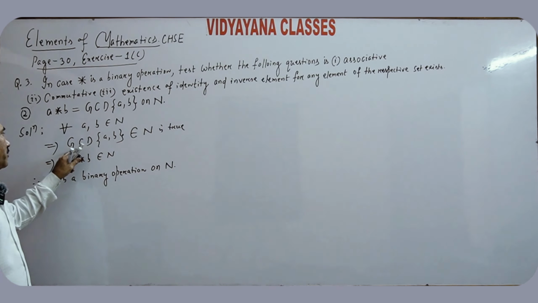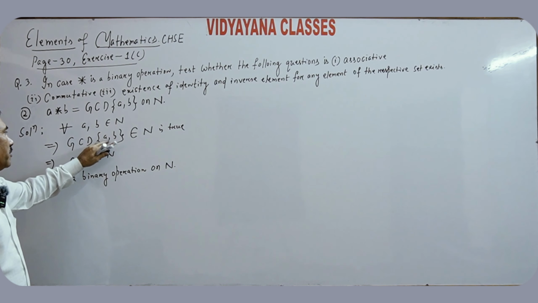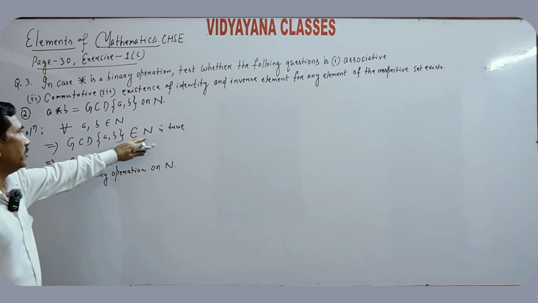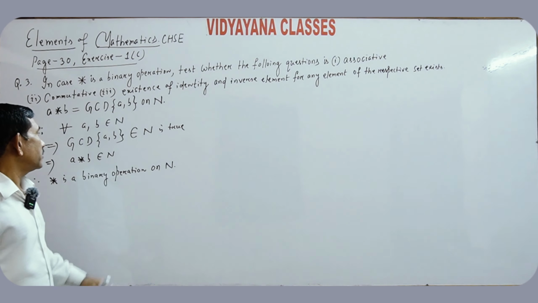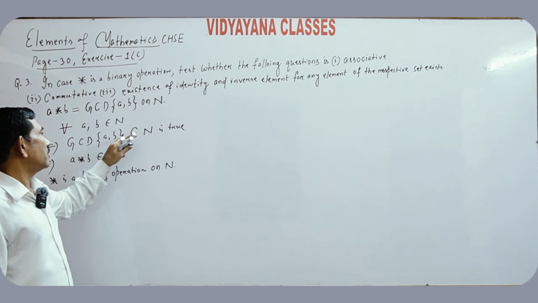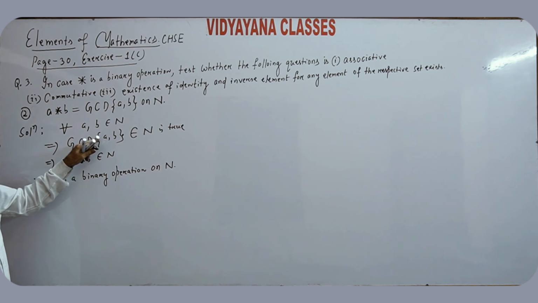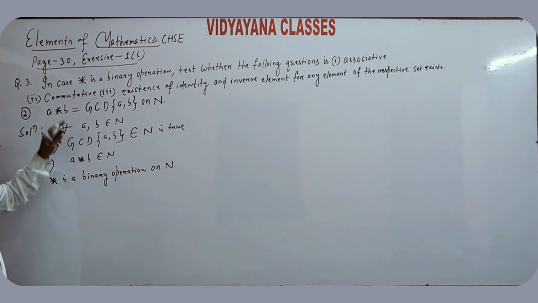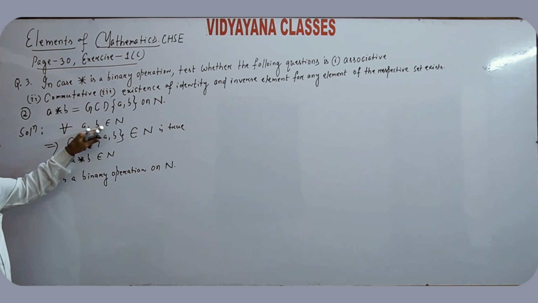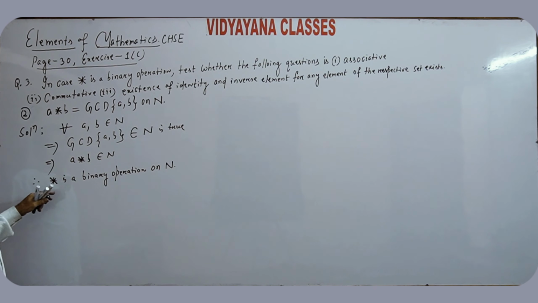The greatest common divisor of A and B must belong to capital N, since A and B belong to N. GCD of A and B is the same as A star B. For all A, B belongs to N, that implies A star B belongs to N. Therefore, star is a binary operation on N.